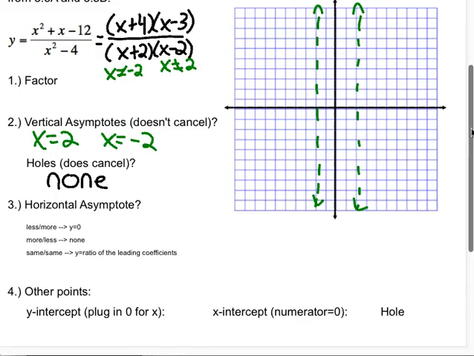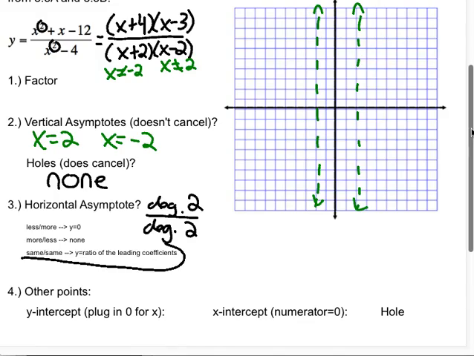So, now let's talk about horizontal asymptote. The degree of the top is a degree 2, and the degree of the bottom is also 2. So here we're going to employ the same over same rule.